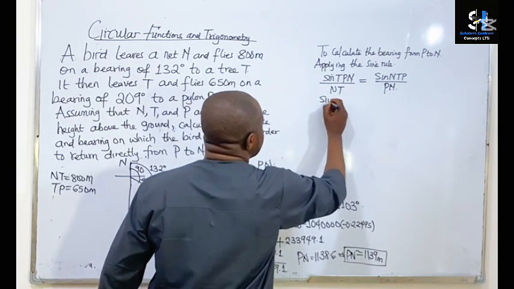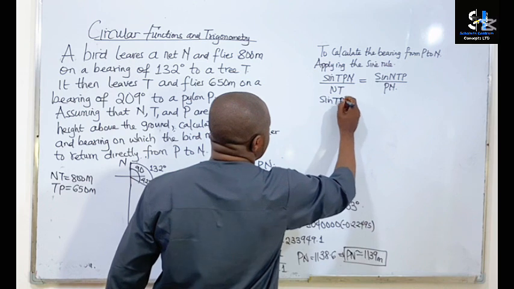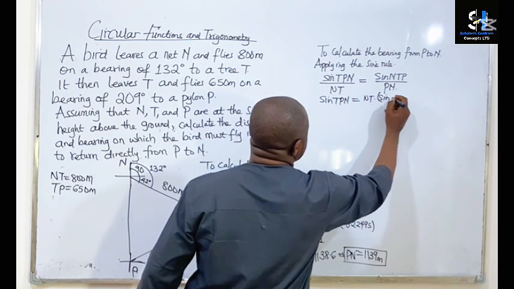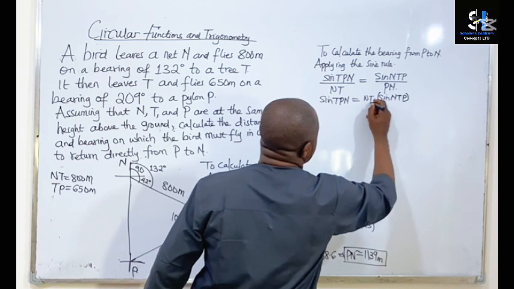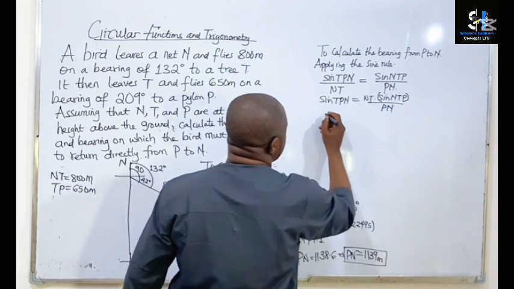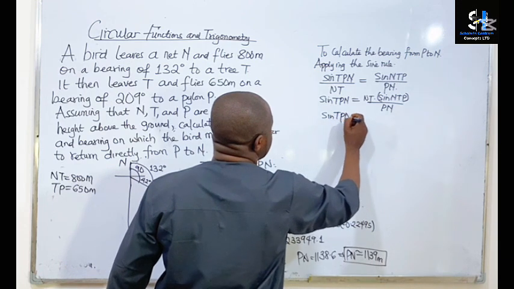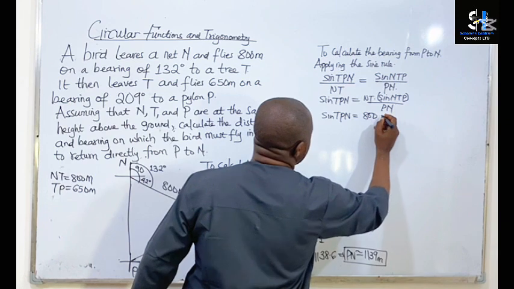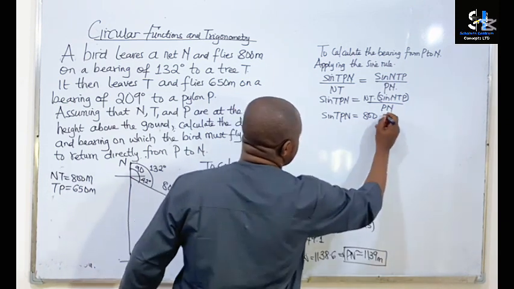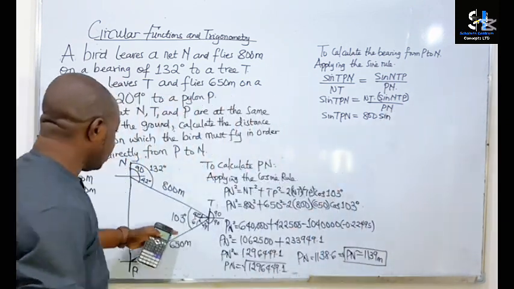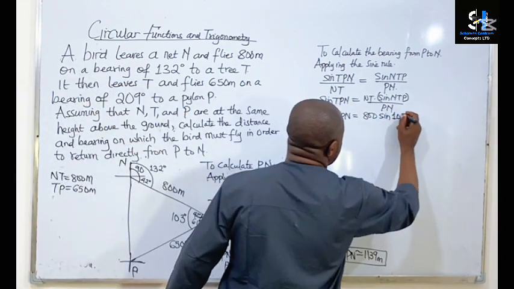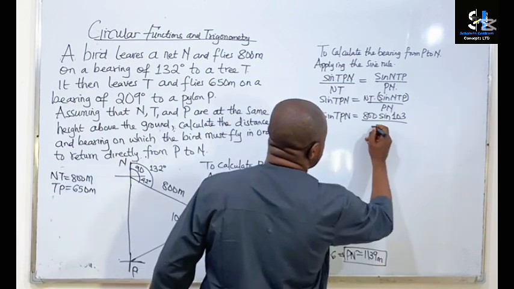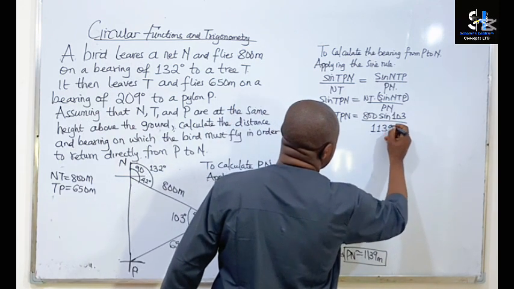So sine TPN will be equal to NT multiplied by sine NTP, divided by PN. NT is 800, multiplied by sine NTP, which is 103, divided by PN, which we calculated to be 1139 meters.